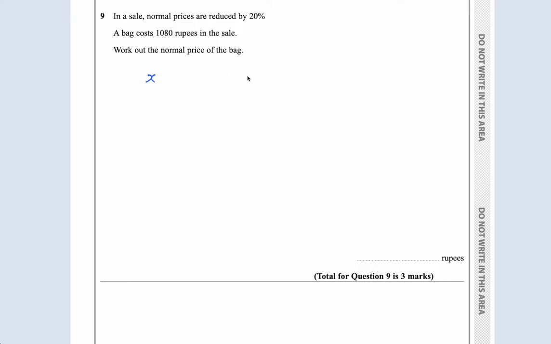The normal price is X. If it's reduced by 20%, we multiply X by 0.8, because 100 minus 20 is 80. So I want to get 80% of it. So I reduce it by 20% by multiplying by 0.8. And this is now the new price, which is 1080.